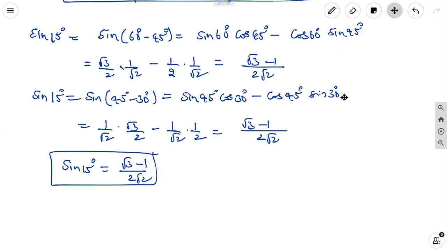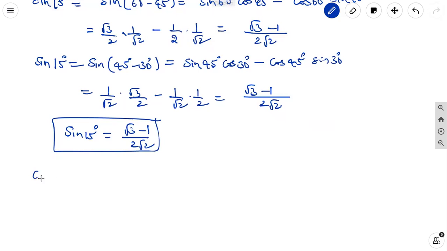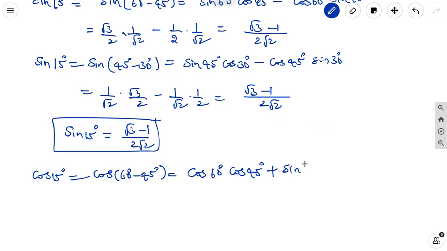In the similar way, cos 15 degrees is equal to cos of 60 degrees minus 45 degrees, equal to cos A cos B plus sine A sine B, that is cos 60 cos 45 plus sine 60 sine 45.